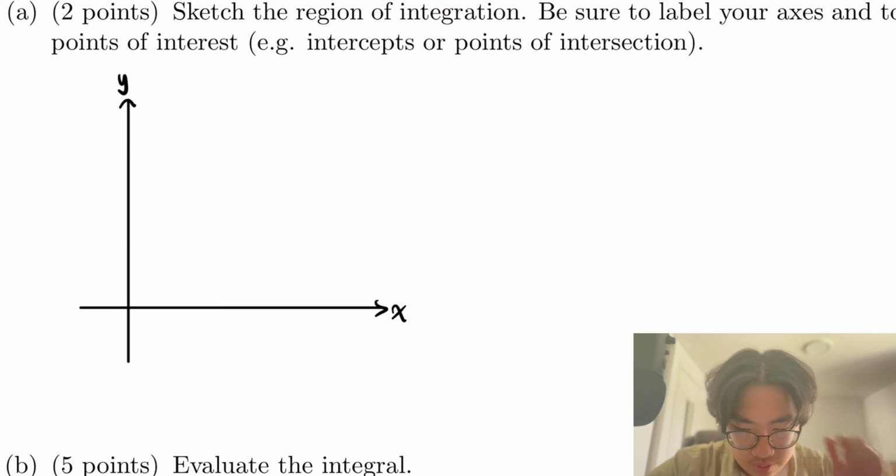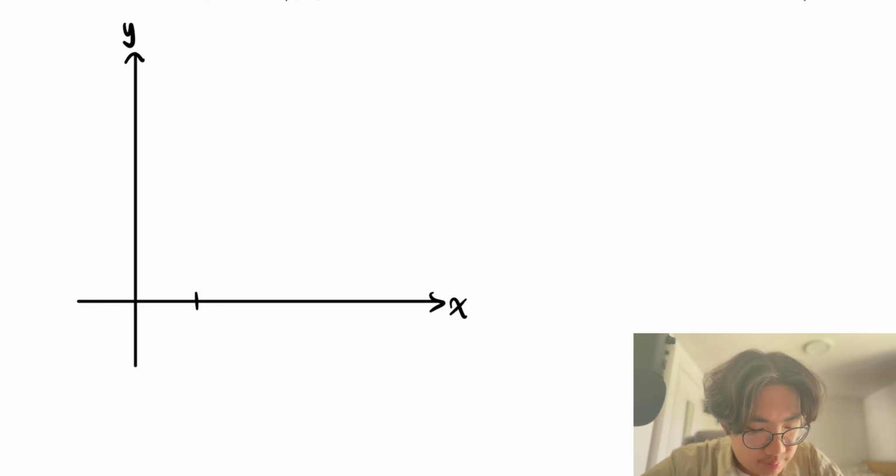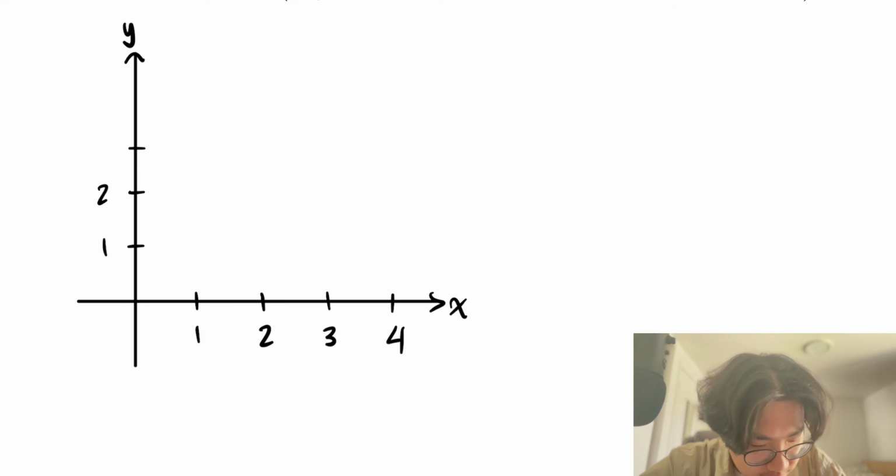Here I'll just write out to 4 in each direction, but you don't need it all. So 1, 2, 3, 4, 1, 2, I feel like these are not spaced well enough, 2, 3, then 4.